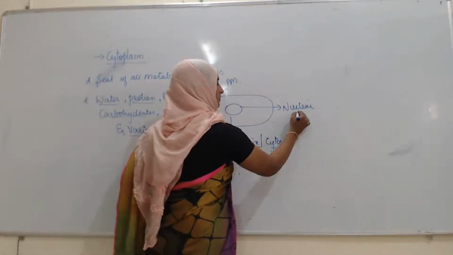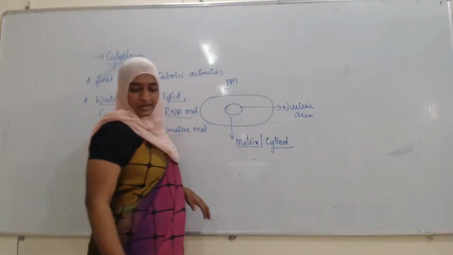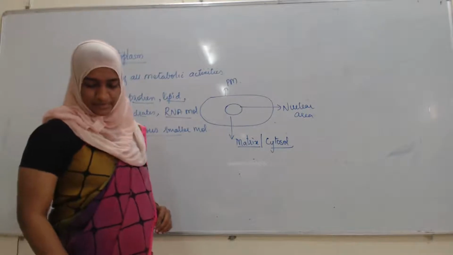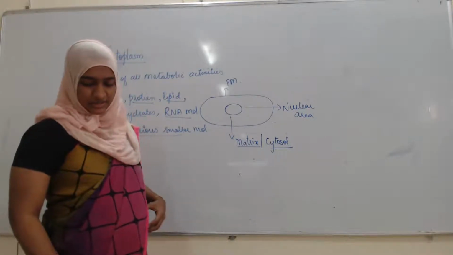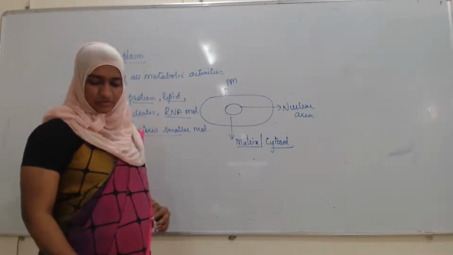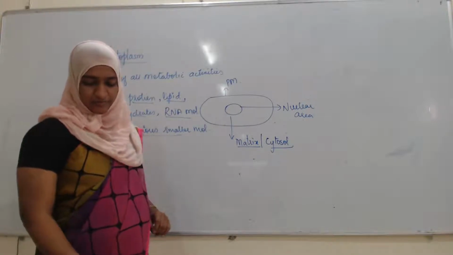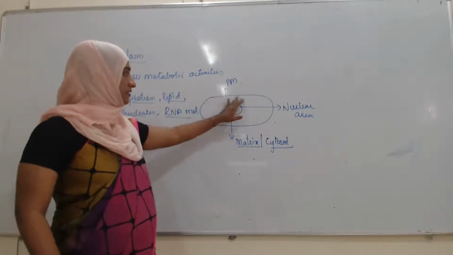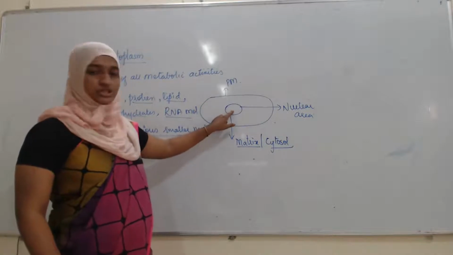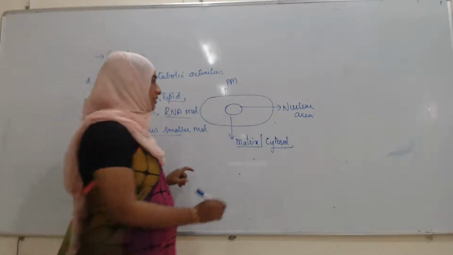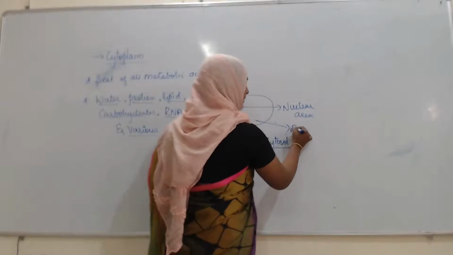The second one is the very dense area, the dark region. In the dense cytoplasm occur thousands of particles.